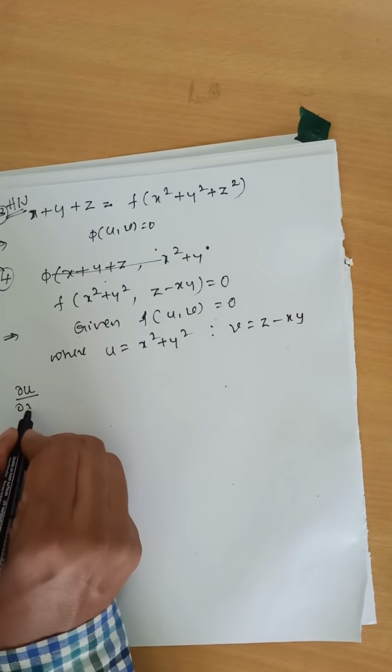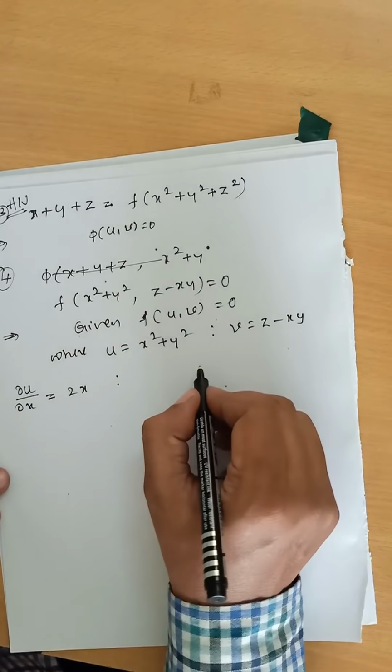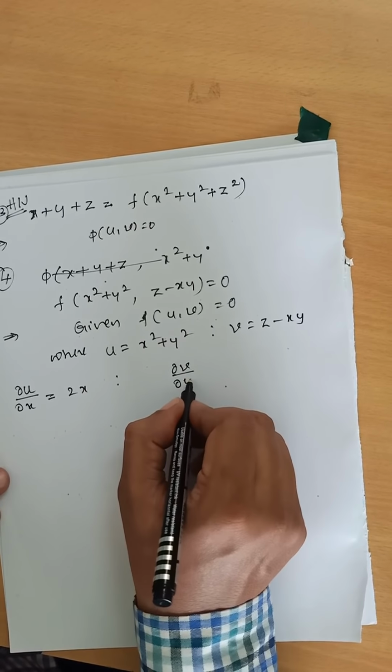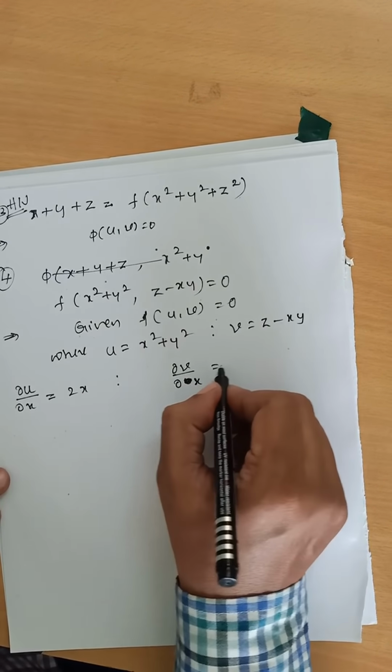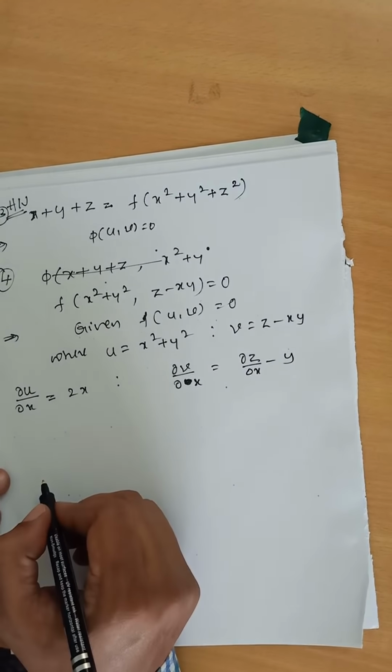Next we find ∂u/∂x is 2x, and ∂v/∂x, that is ∂z/∂x minus y.